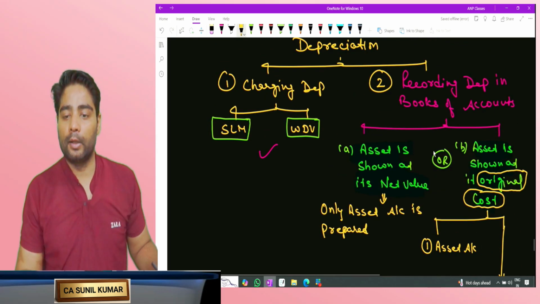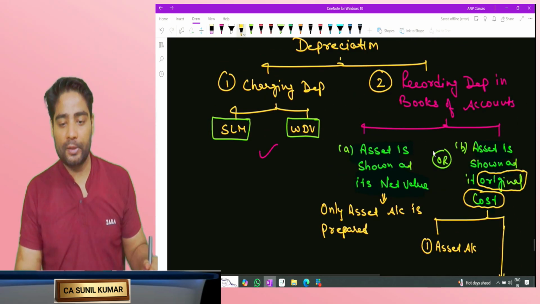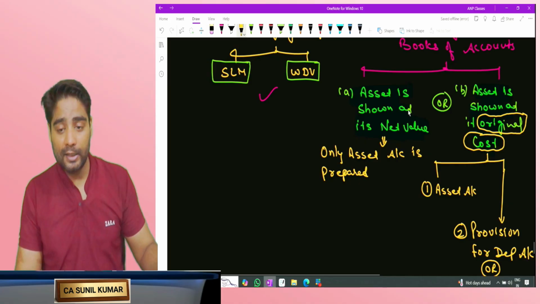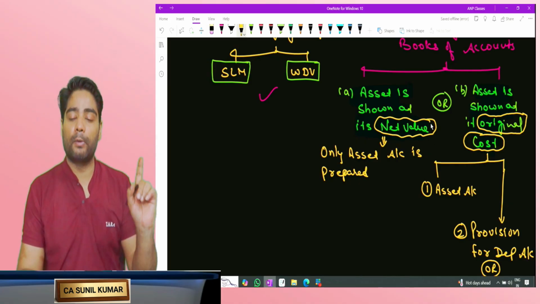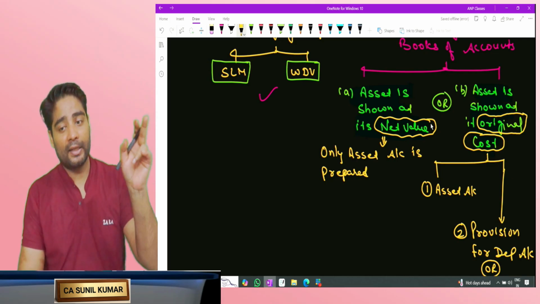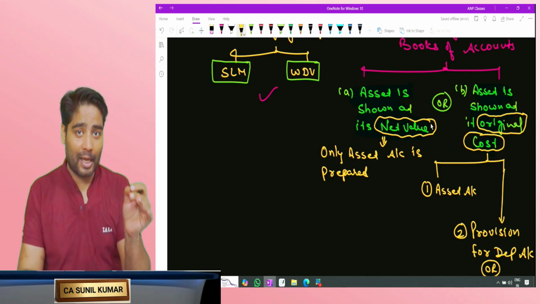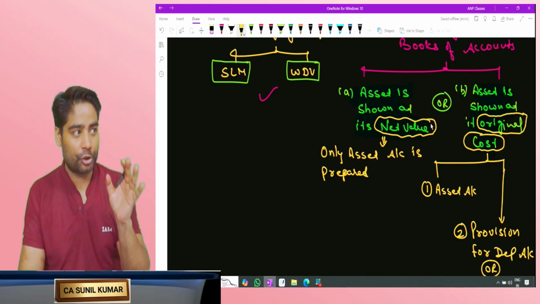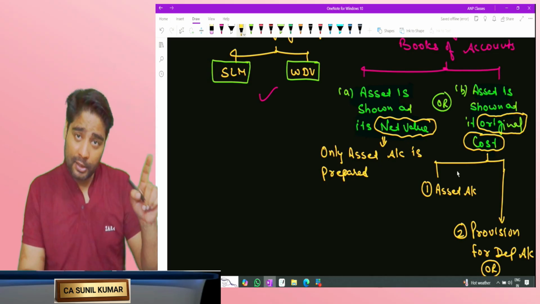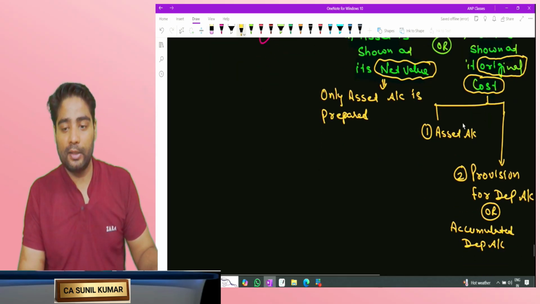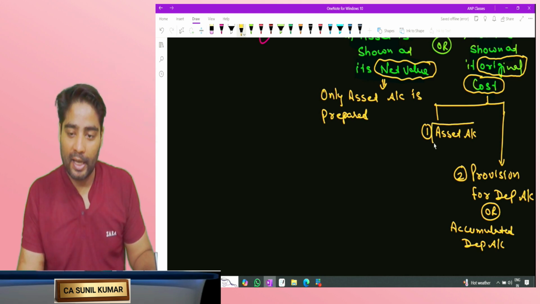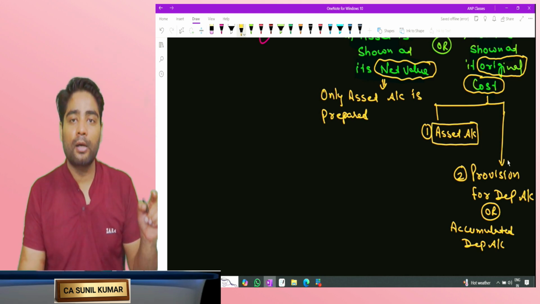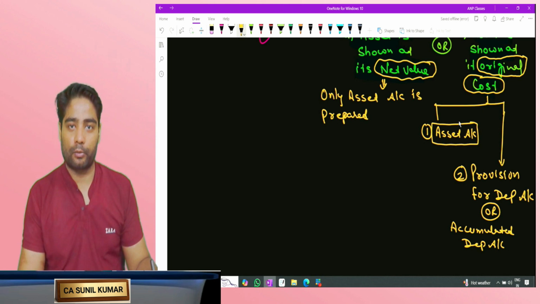So there are two methods of recording depreciation. One where the asset is shown at its net value, only one account is prepared, that is the asset account. The other is where the asset is shown at its original cost, and then we prepare two accounts: the asset account and the provision for depreciation account.